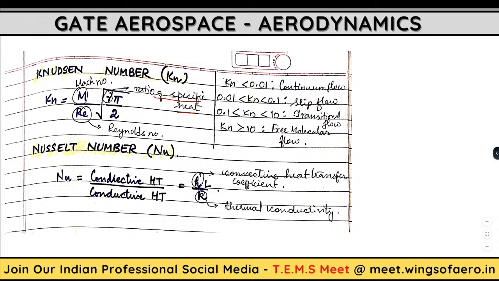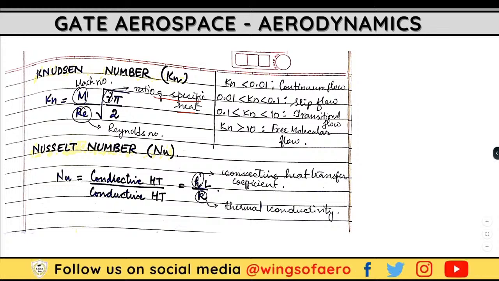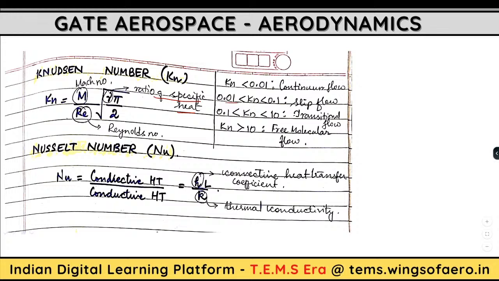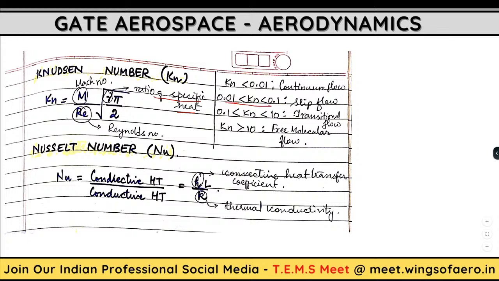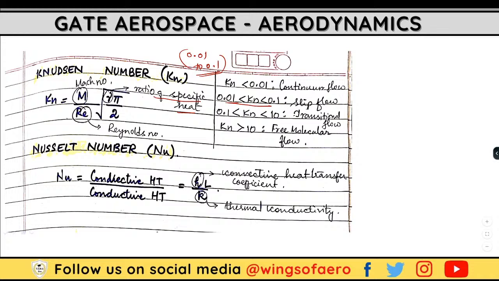At the same time, you can expect this kind of question. They will ask you to pick which one of the following satisfies slip flow. If the Knudsen number is between 0.01 and 0.1, then we have slip flow.